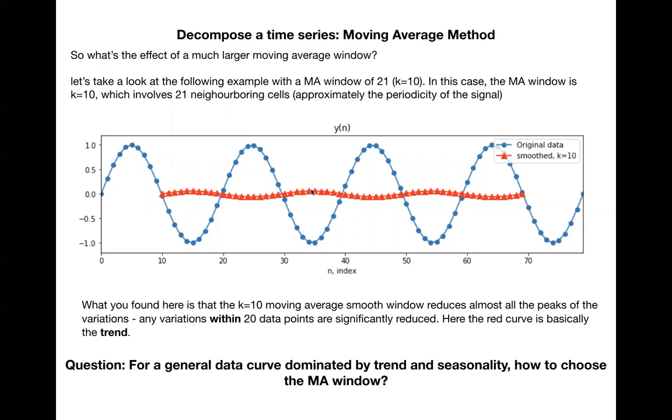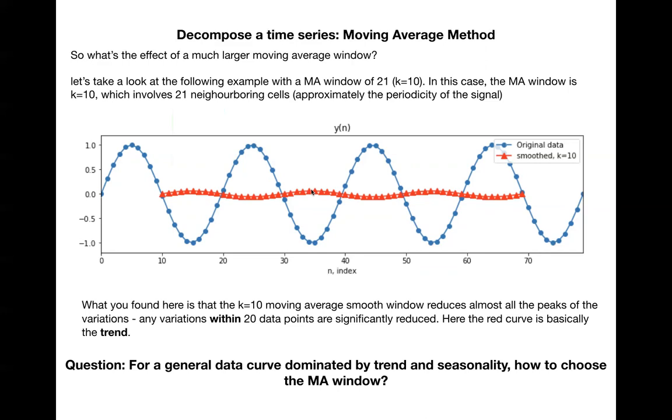So here's a quick question. Think about this. For a general data curve dominated by trend and seasonality, how do we choose the moving average window? The answer is very problem specific.